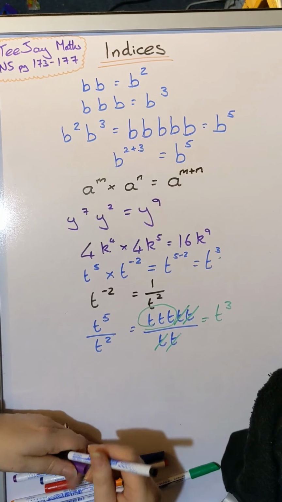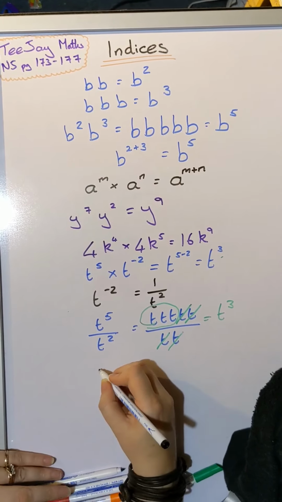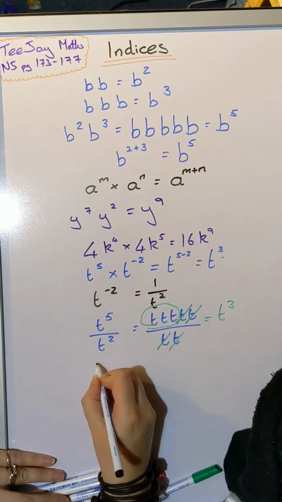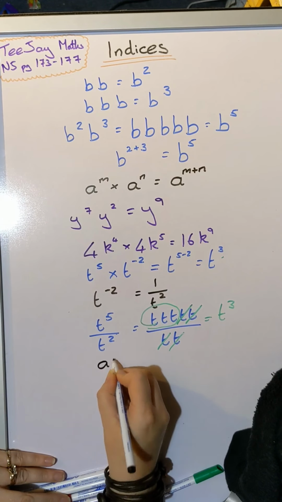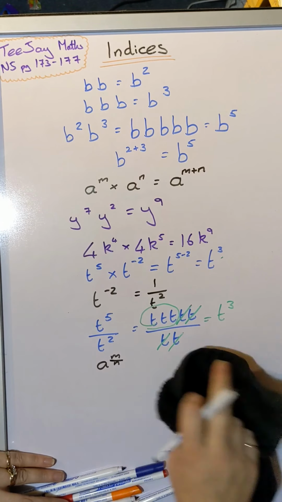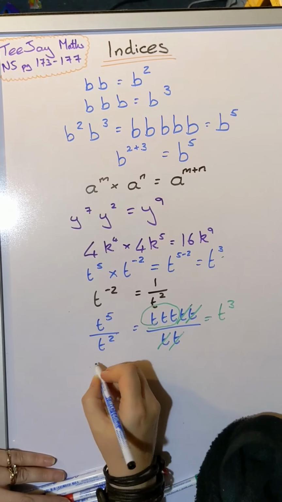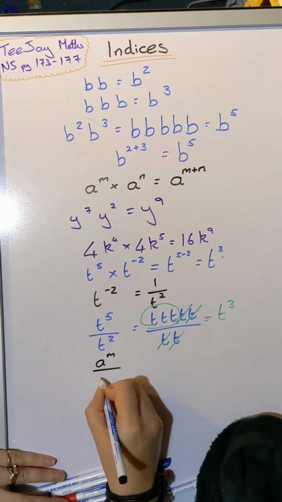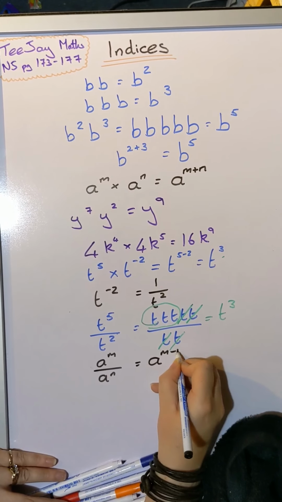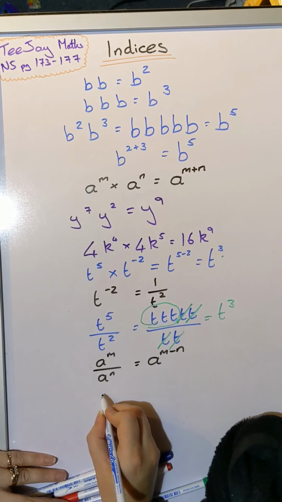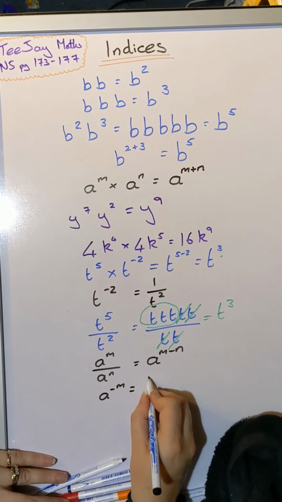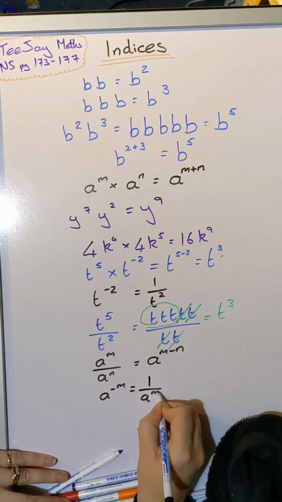So this gives us another general rule. It actually gives us 2 general rules here. A to the m over a to the n is a to the m minus n, and it also gives us a to the minus m is the same as 1 over a to the m.